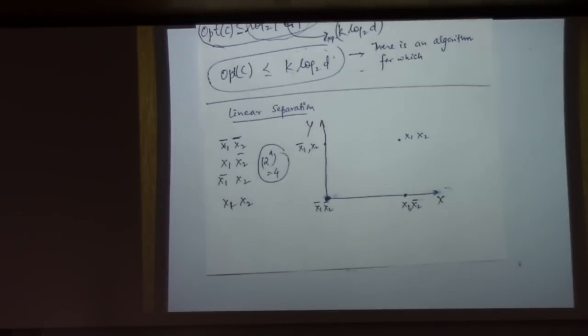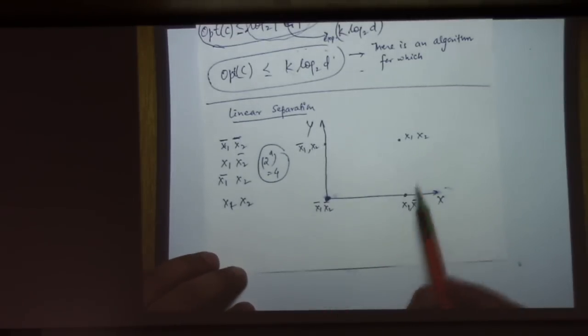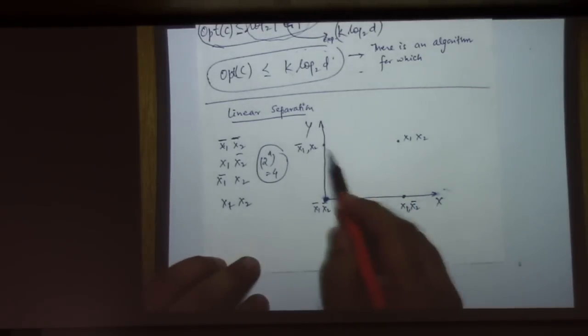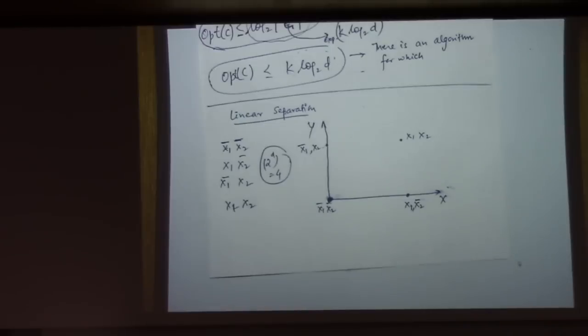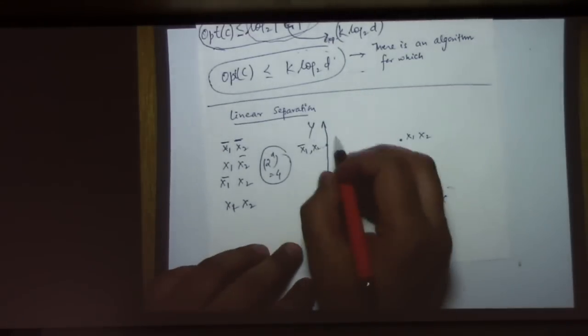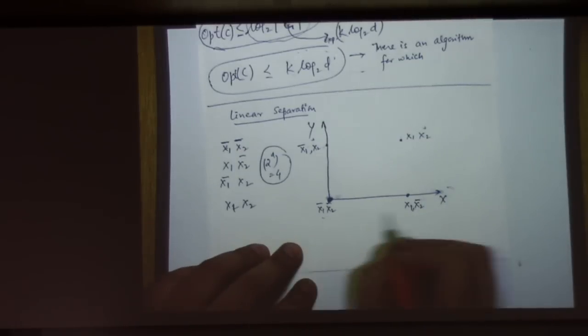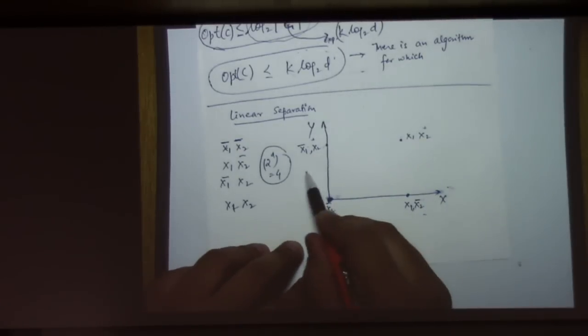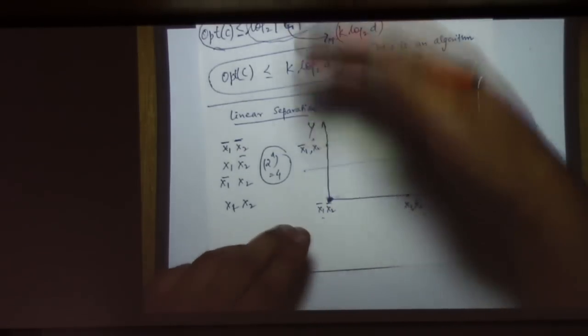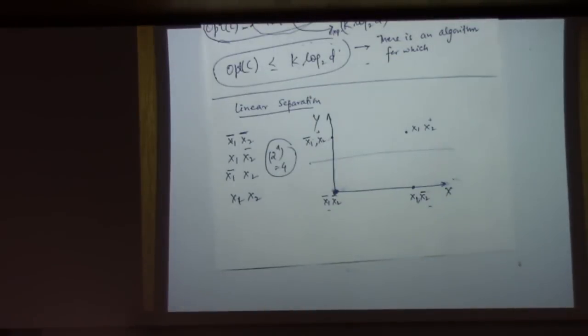Now what we are going to say is, if there is any concept, what does a concept do? A concept essentially labels these. A concept could call all of them positive, all of them negative, or 2 of them positive and 2 of them negative. A concept which calls these 2 positive and these 2 negative, we can draw a line like this which can separate it, which means that this concept is linearly separable.